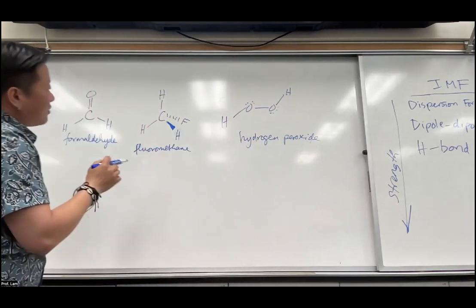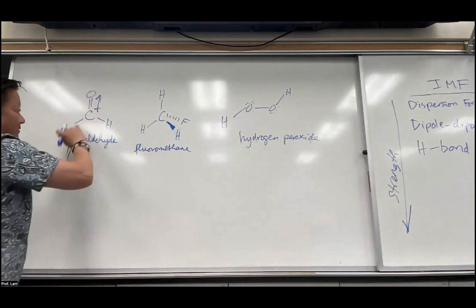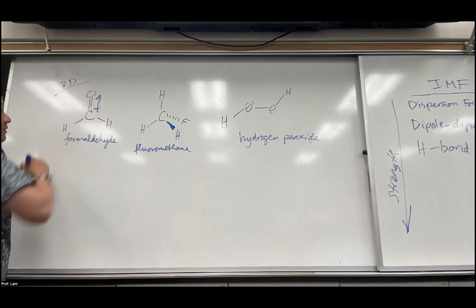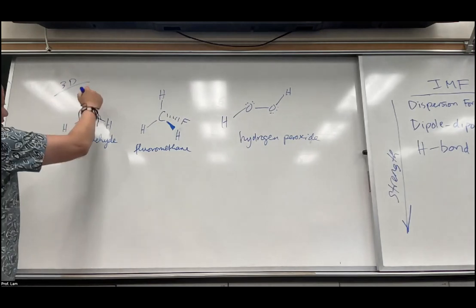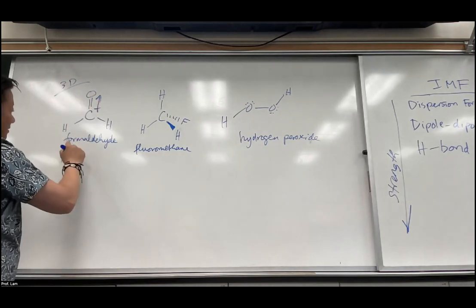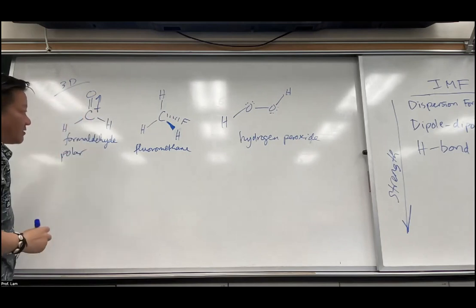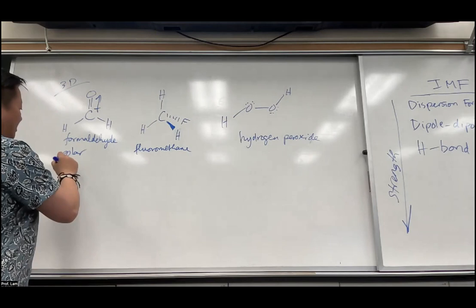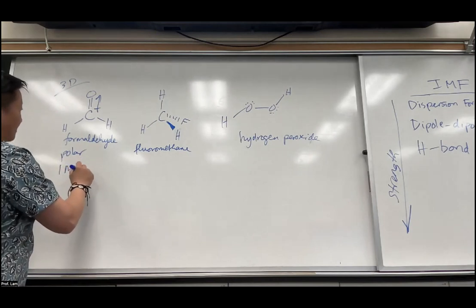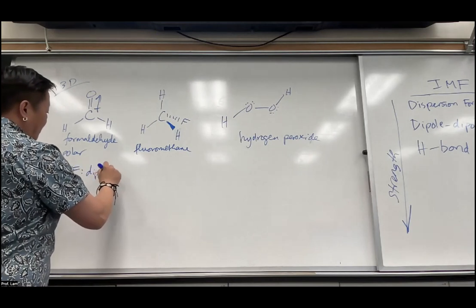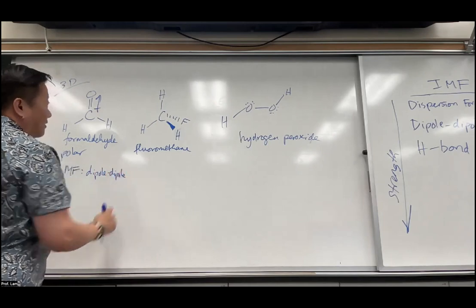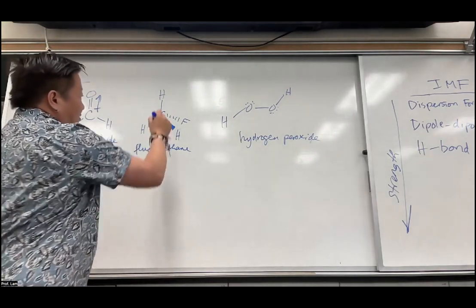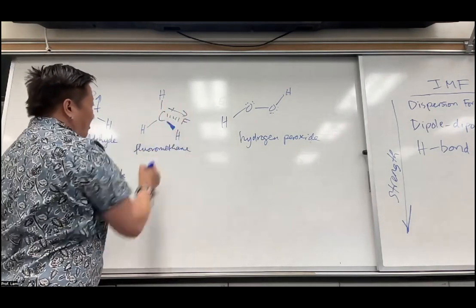Okay. Now we can put polarity arrows on top because all of these are in 3D. Okay. So this is polar, right? We don't need arrows for CH bonds. So the IMF here is dipole-dipole. In this structure, don't draw any for CH, draw for CF.